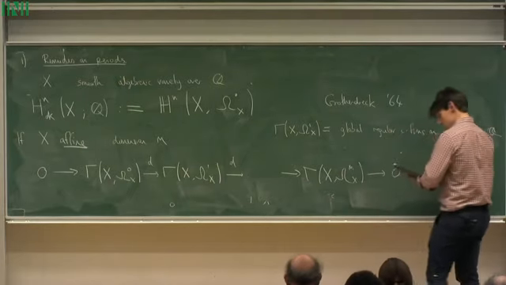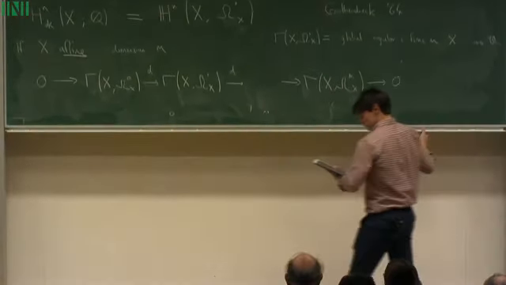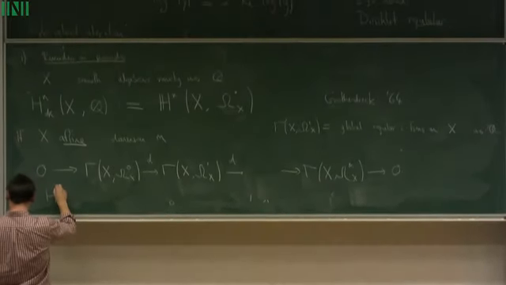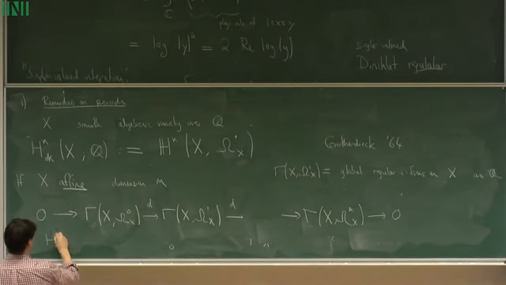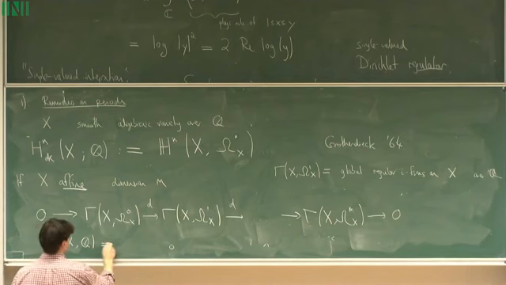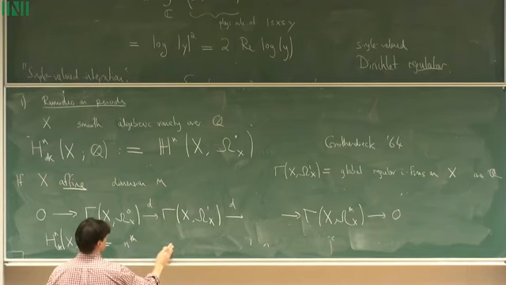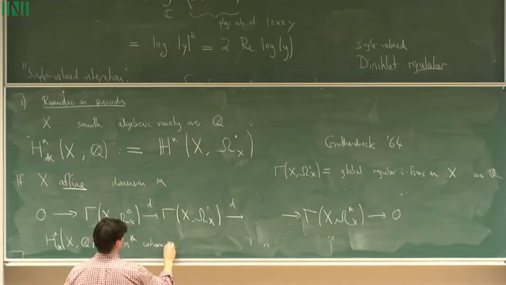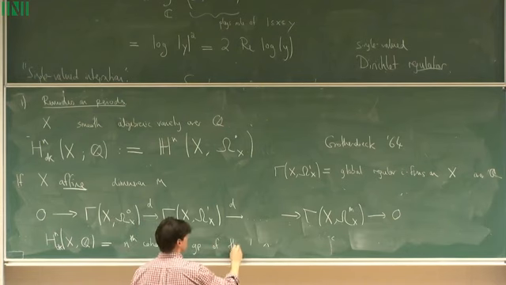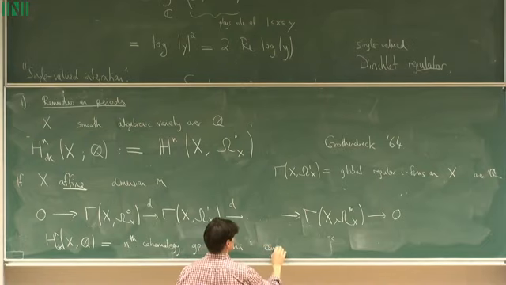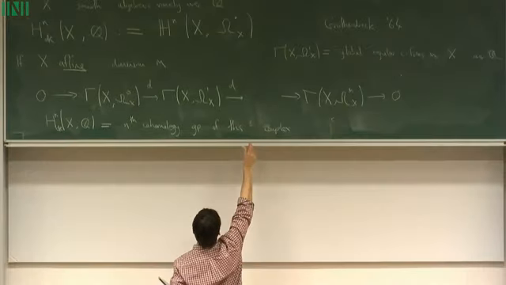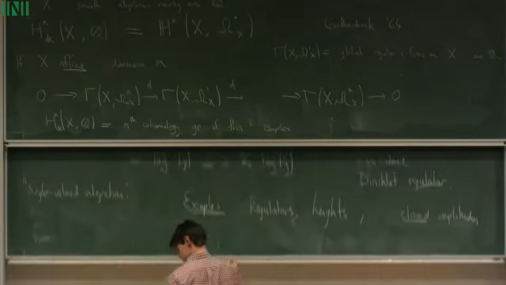And H^n de Rham equals the nth cohomology of this complex. So it's a finite dimensional vector space over Q.